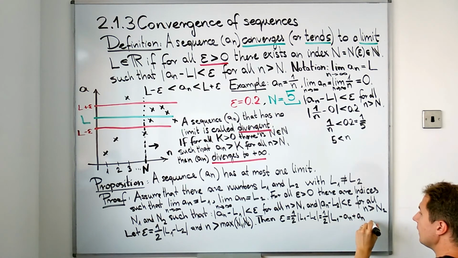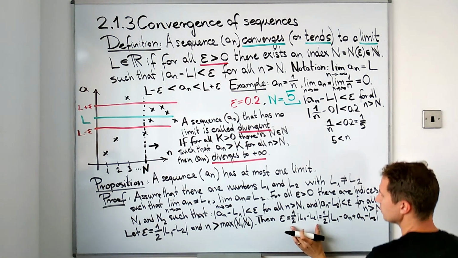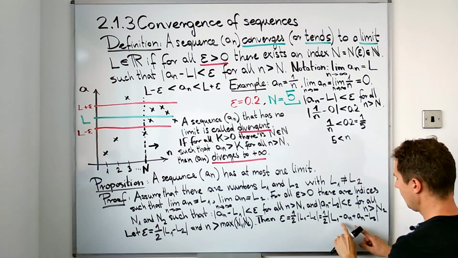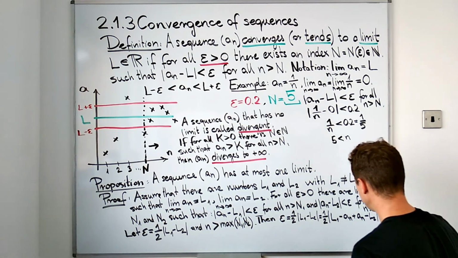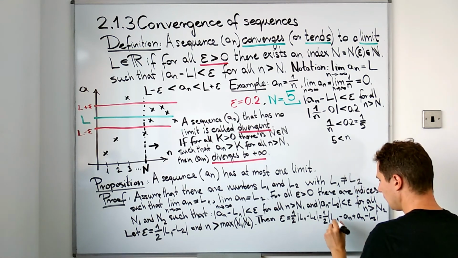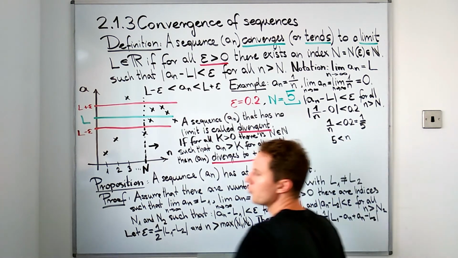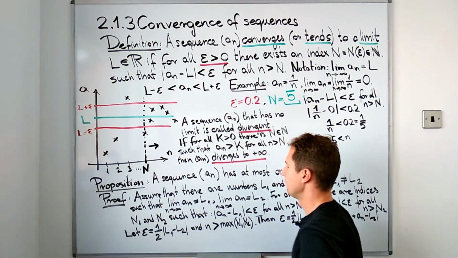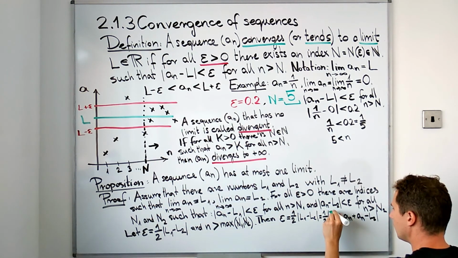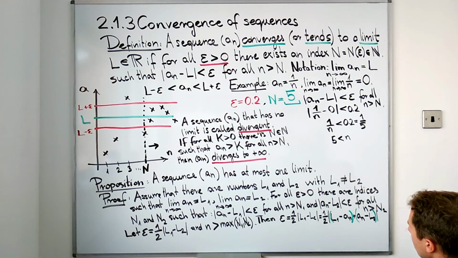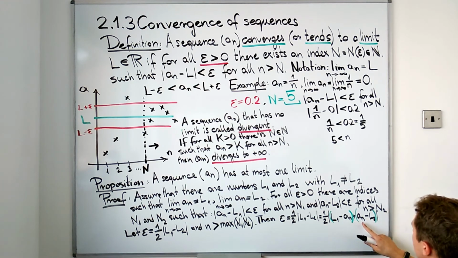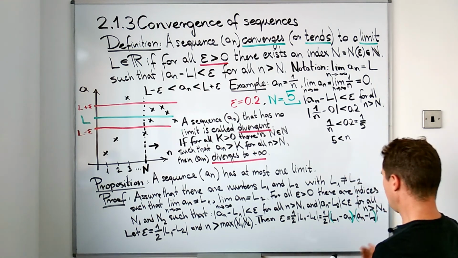This way we didn't really add anything, so it really is equal to the previous expression. We just have a minus a_n and a plus a_n. And then we'll group these terms in such a way: half times the absolute value of L1 minus a_n plus a_n minus L2.